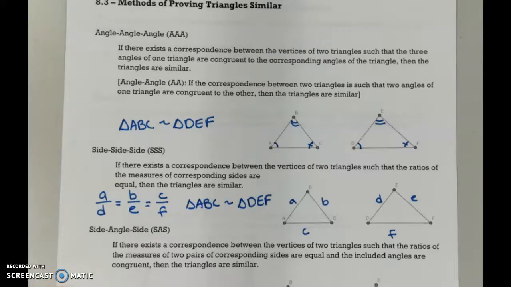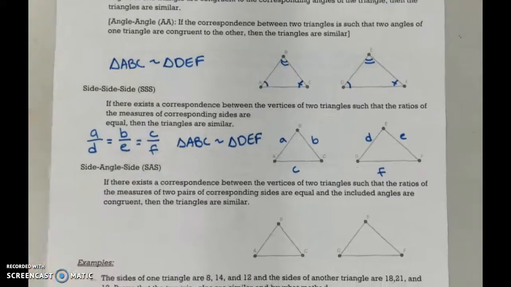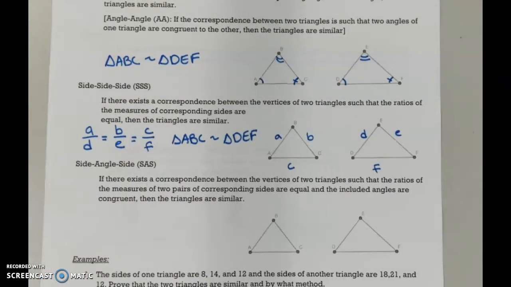Okay, so that's our second method, and our third and final method is side angle side, and this is when we have two corresponding sides that have equivalent ratios, and the angle in between them is congruent.